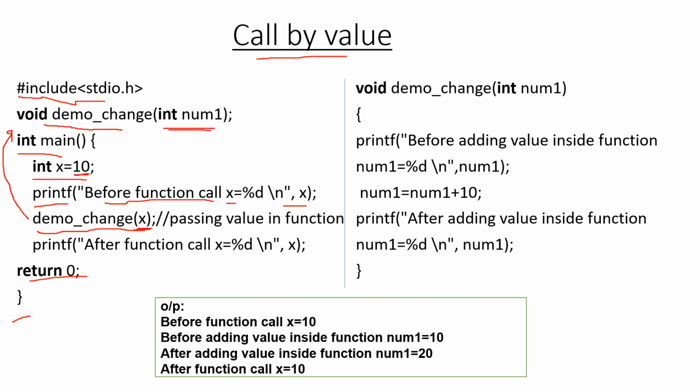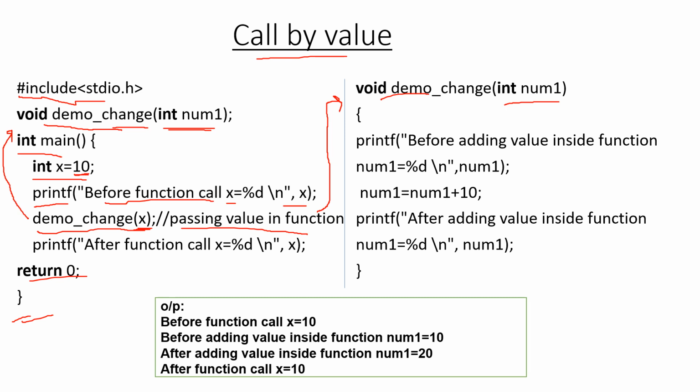When this statement gets executed, that is, passing the value to the function, the compiler will directly find the function. As you can see here, after main completes, I have defined my function, which I declared before main. In this void function demo change, I have mentioned its formal parameter.